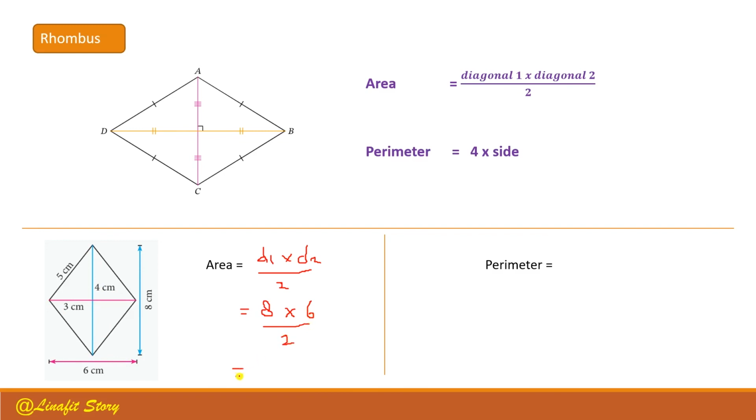So 8 times 6 is 48, divided by 2 is 24 square cm. And to get the perimeter is 4 times side. So 4 times 5 cm is equal to 20 cm.